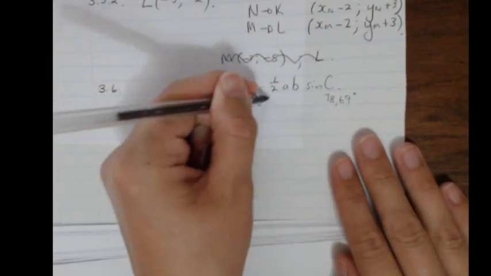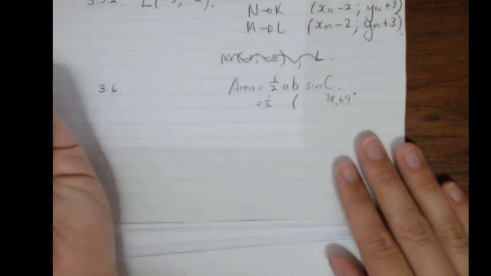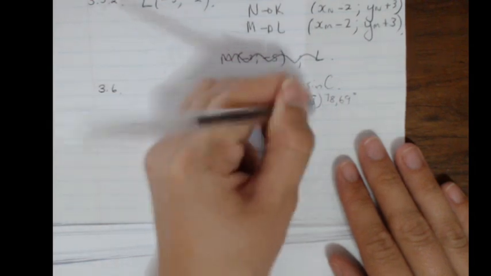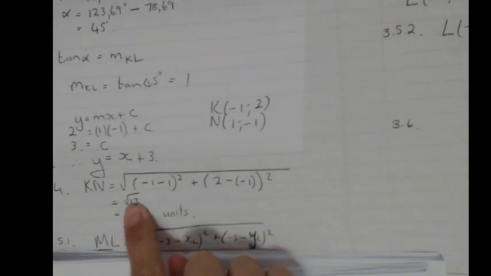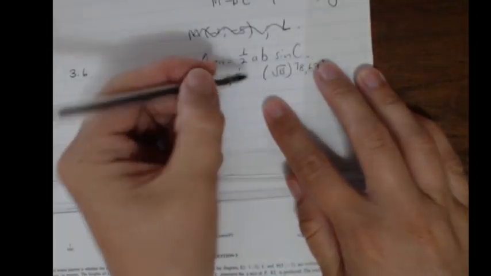Now I know that KN, I worked that out earlier, is root 13. Just for purposes of accuracy, I'm going to work with root 13 because the 3.61 was rounded. So I'm going to keep to the root 13. But I need the length of KT, so I'm going to start by working that out first.